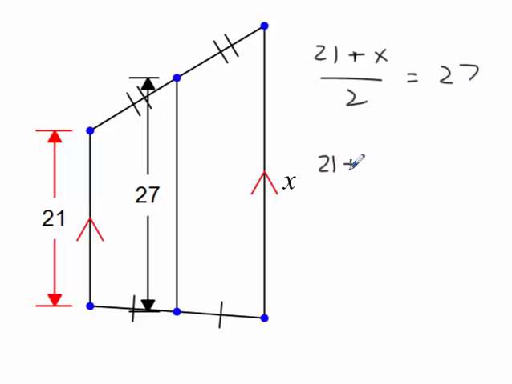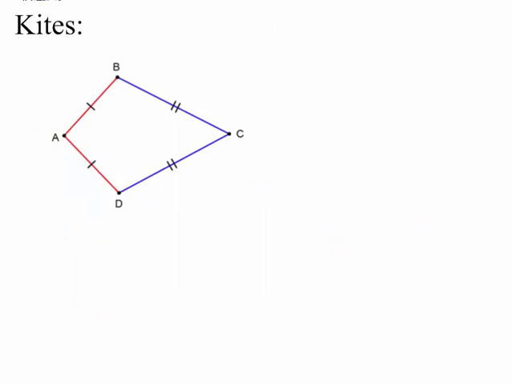You get 21 plus x is equal to 54. Tablet's starting to write weird. Oh well, let's keep going. Subtract the 21 from both sides, and you're going to get 33. That's cool. Okay, next thing, kites.